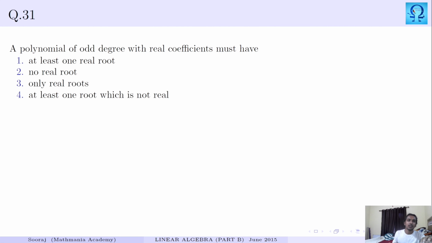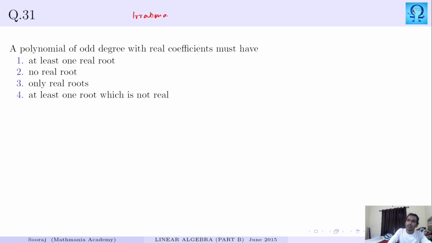This is one of the easiest problems that is ever asked in the NET examination. A polynomial of odd degree with real coefficients. For a polynomial with real coefficients, we have some basic results.